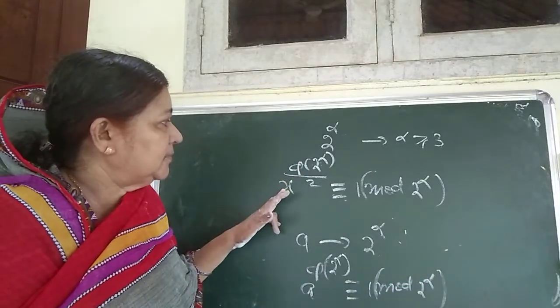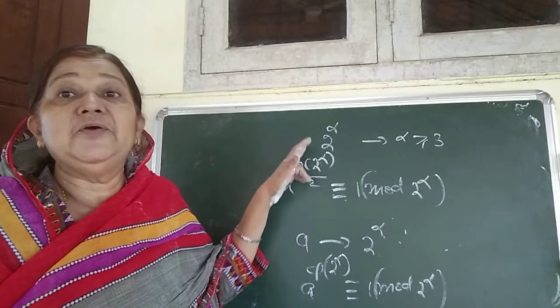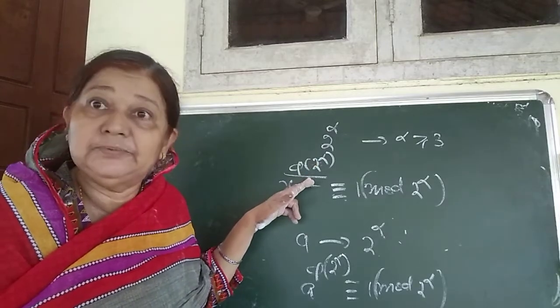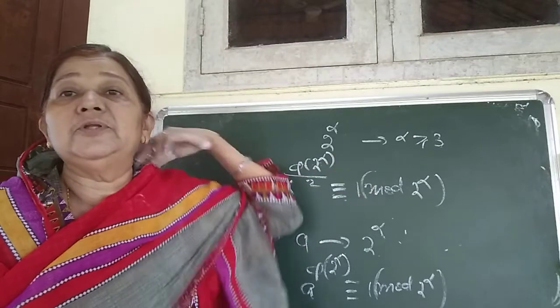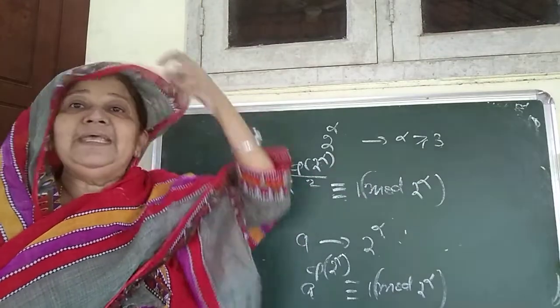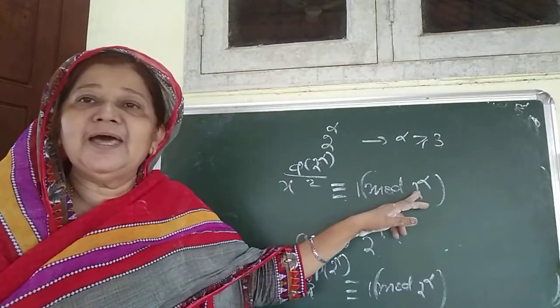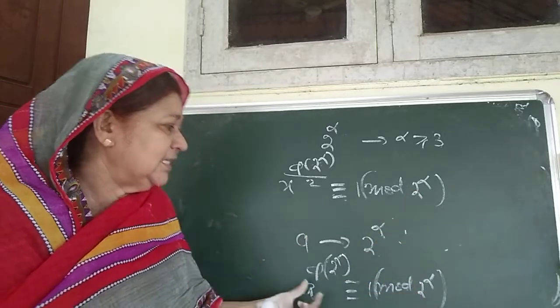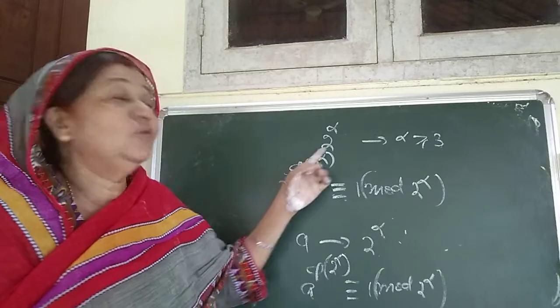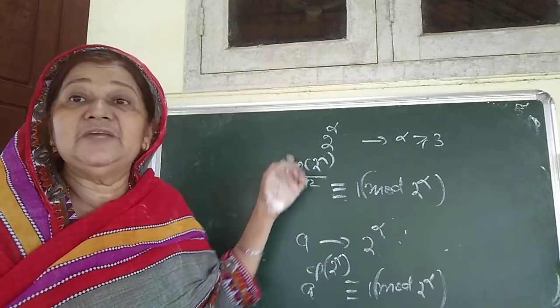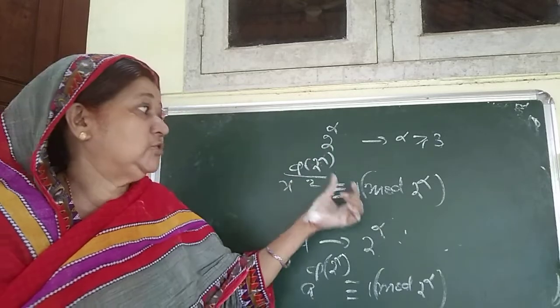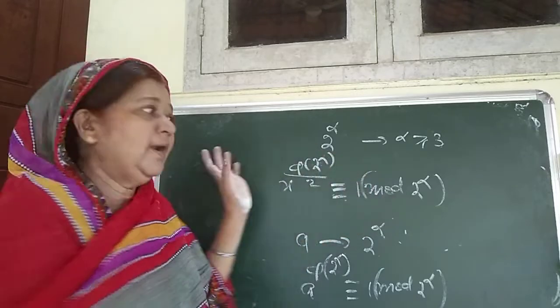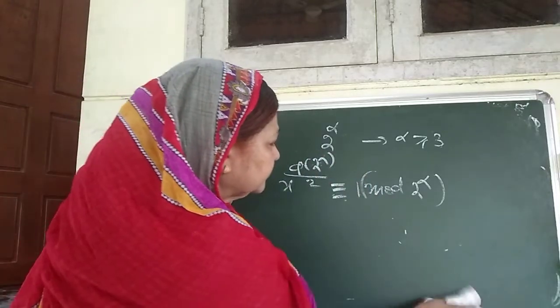The only possibility is x raised to φ(2 raised to alpha) by 2 is congruent to 1 mod 2 raised to alpha. That means 2 raised to alpha has no primitive root. If a primitive root exists, then a raised to φ(2 raised to alpha), here we can show that φ(2 raised to alpha) by 2 is congruent to 1 mod 2 raised to alpha. Let us examine.